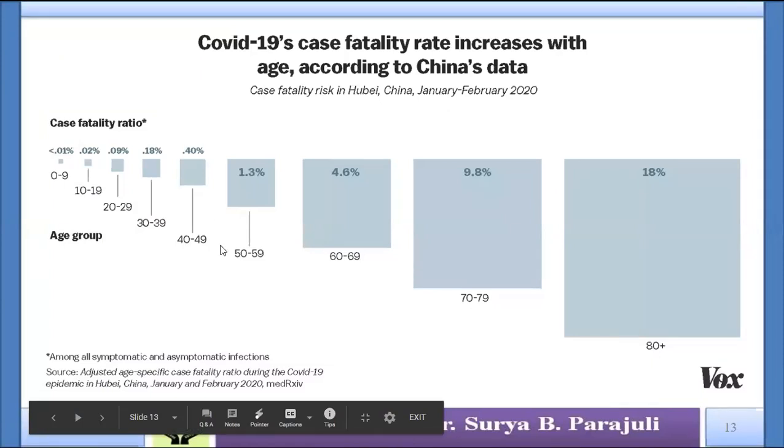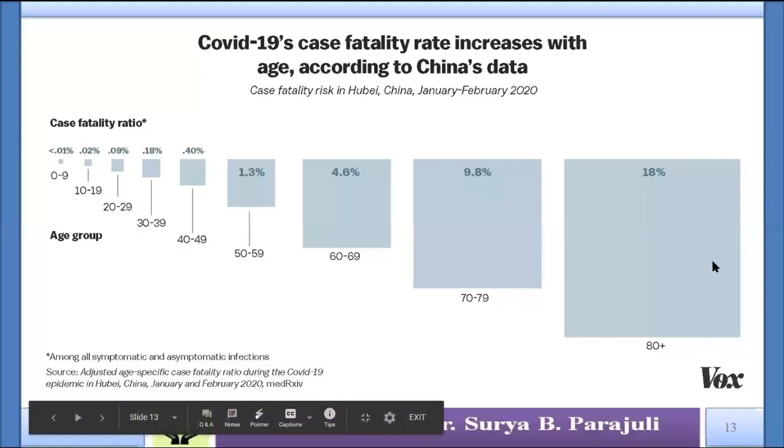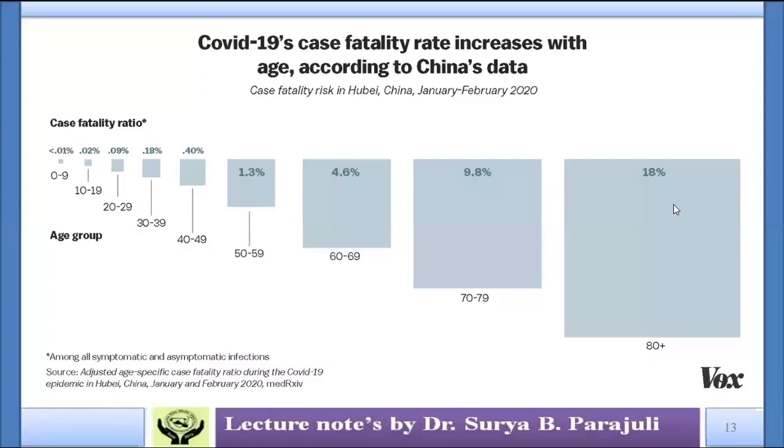In the current time, in the Nepalese context, we have more young cases than old cases, but the case fatality rate is somehow similar to this. Out of I think 38 deaths in Nepal, the majority belong to senior citizens, this group 70 plus or 60 plus.